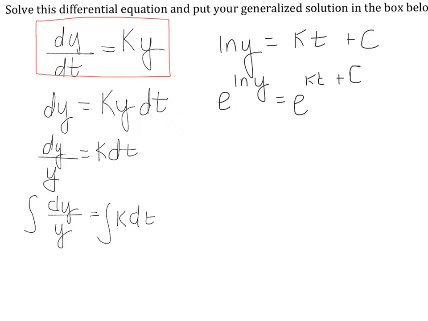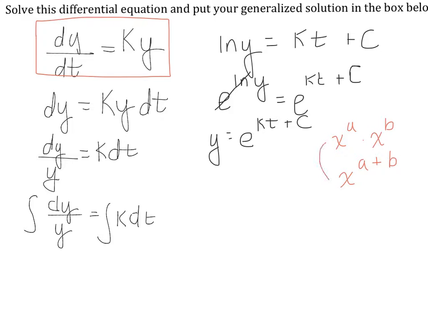Okay? So, of course, e and natural log will cancel each other out, leaving us with y equals e to the kt plus c. And now we're just going to use a property of exponents sort of in reverse, right? We have a property of exponents that says that x to the a times x to the b is the same thing as x to the a plus b.